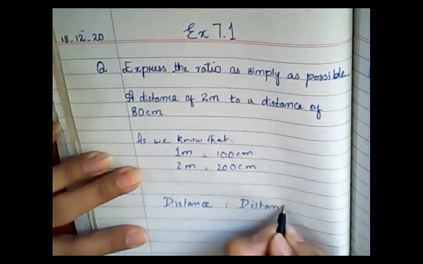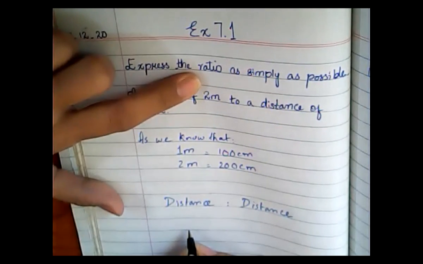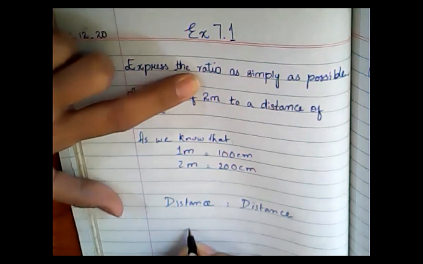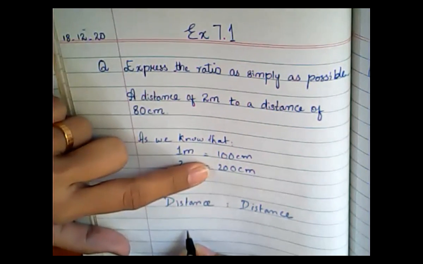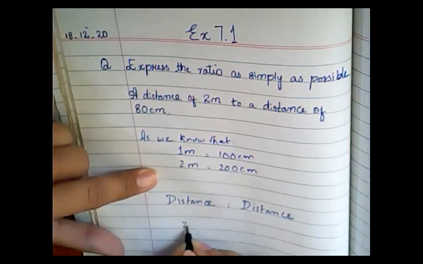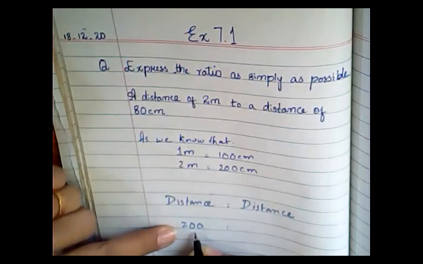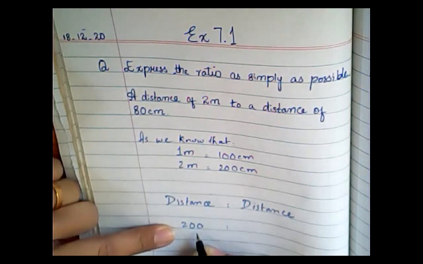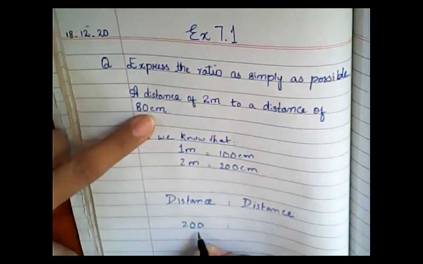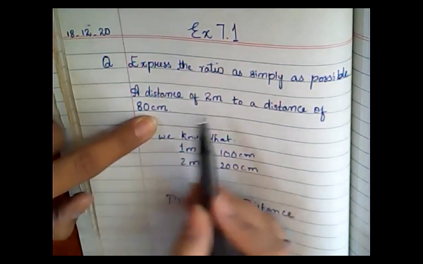Okay, Sumaya, are you there with me? Sumaya, now I am not going to write this 2 meter here. I have already got here 200. I have converted this meter into centimeter. I can write here 200. Why I have converted meter into centimeter? Because here 80 centimeter is there. I cannot compare the two different units.